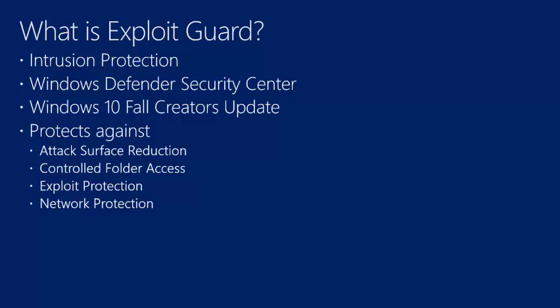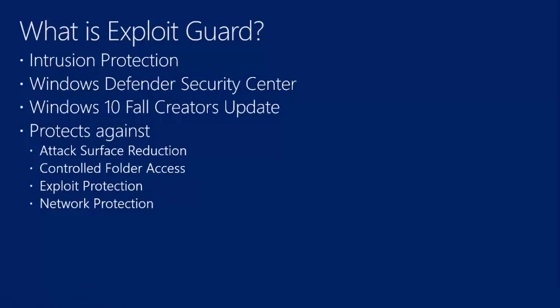Exploit guard basically was included with Windows 10 Fall Creators Update, so that is well in the rearview mirror now as we talk about this. So most organizations most likely will have a version of Windows 10 later than the Fall Creators Update, so that should not be an issue at all.